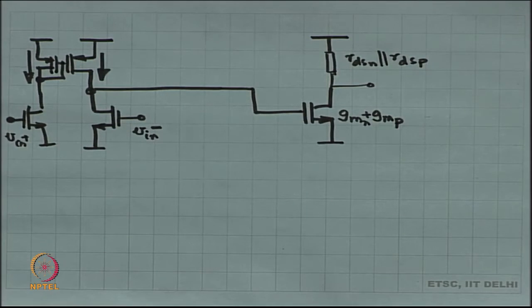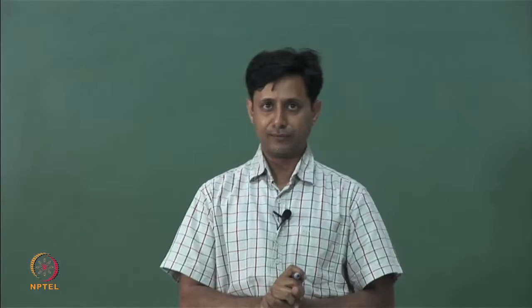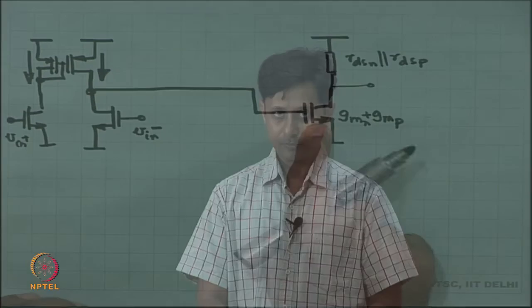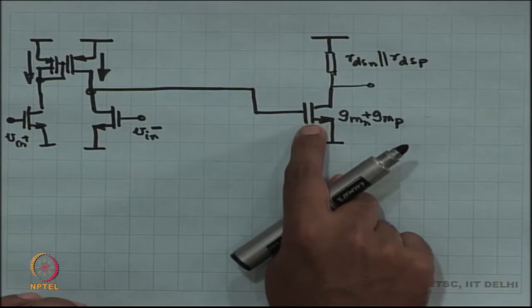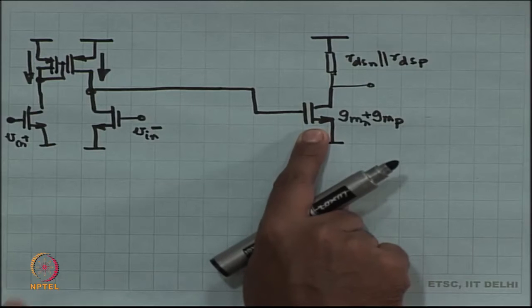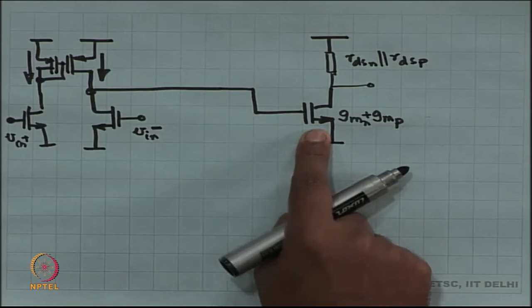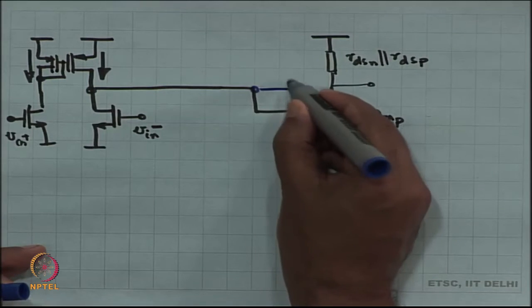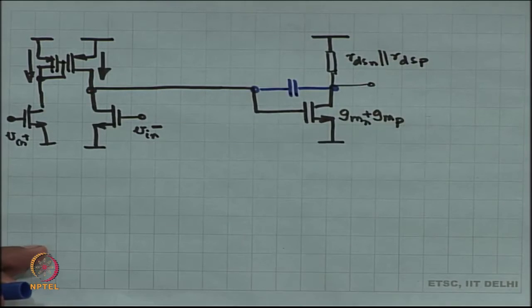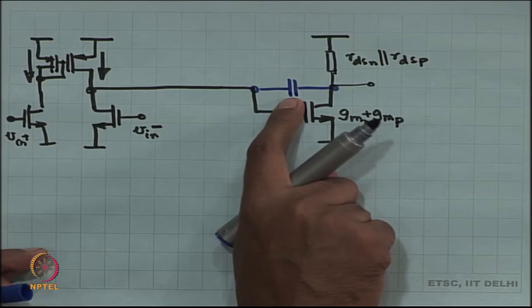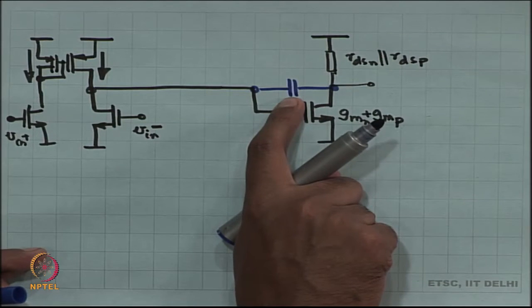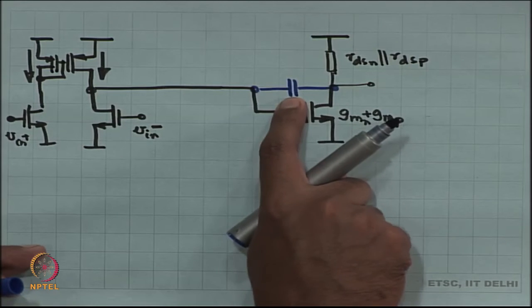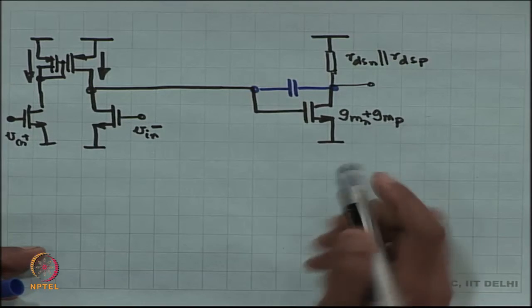Okay. And we have to work out the individual capacitances. So, for example, this particular MOSFET has both the PMOS as well as the NMOS inside it. All right. So, when we talk about this capacitance, this should be the sum of C gate to drain of the PMOS and C gate to drain of the NMOS.